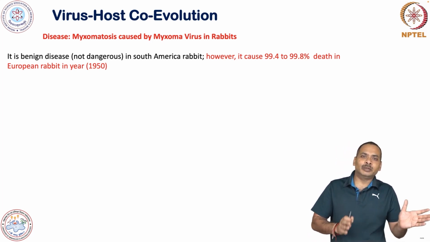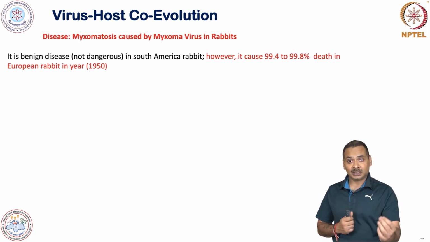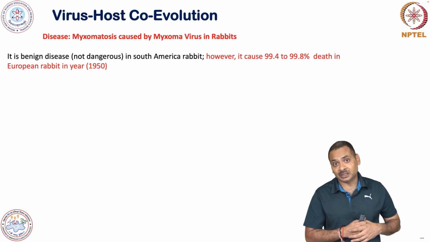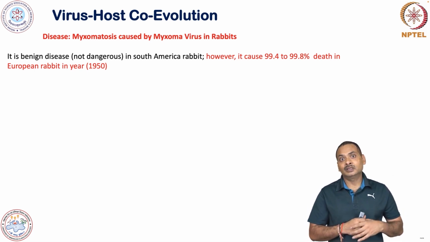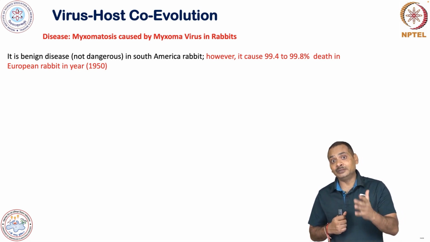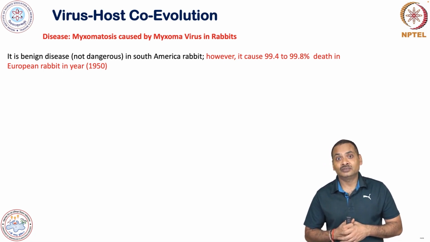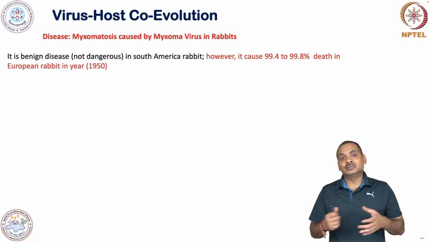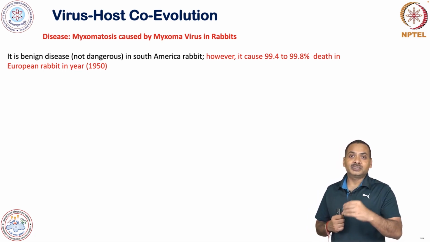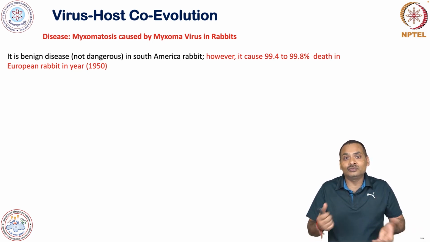They will live happily with this, absolutely no problem. But if this virus infects European rabbits, it will cause severe fatality. About 99.4 to 99.8 percent of rabbits will die. For example, if you have 100 European rabbits infected by this virus, they quickly die. Almost all will die.